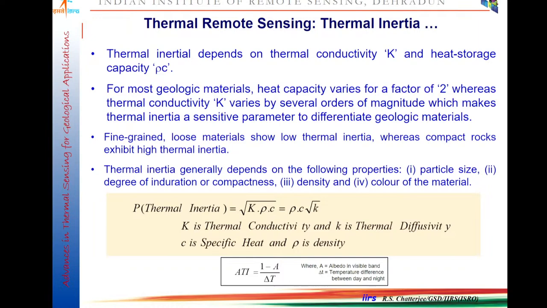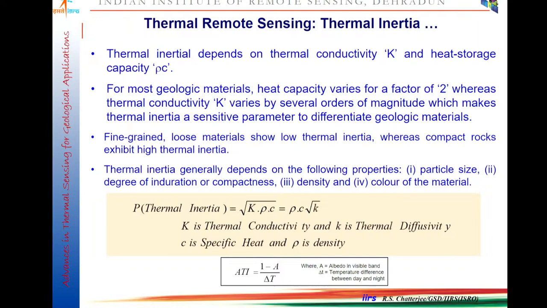If you supply it, it will try to increase the temperature. Thermal inertia tells you how much it resists the increase of temperature. So if the thermal inertia value is high, then it will resist more, so it will not allow the temperature to increase.